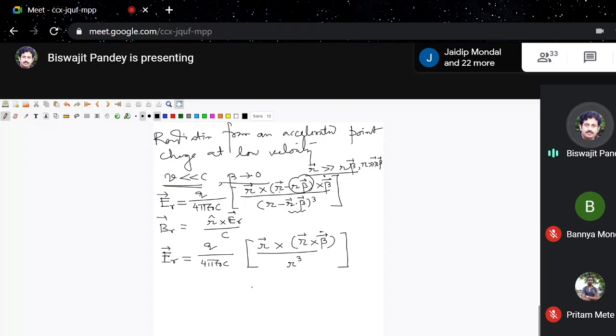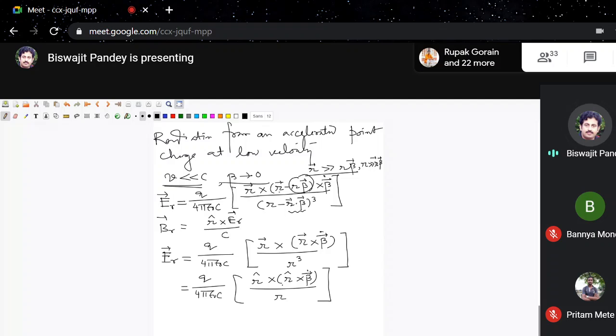We may also want to get rid of this R. If I just use R cap here, R by R is R cap. So I'm writing Q over 4 pi epsilon 0 c. Everything is written in terms of R cap. So here I can write R cap, vector R by scalar R. R cap cross beta dot, divided by, one R is left here. Okay, let it be this one.